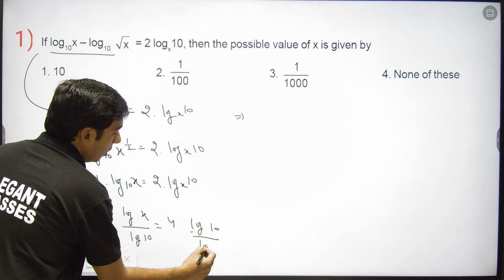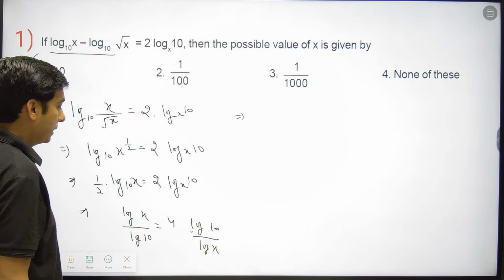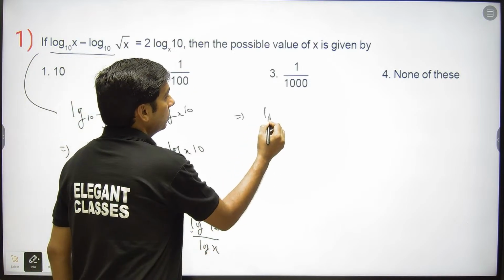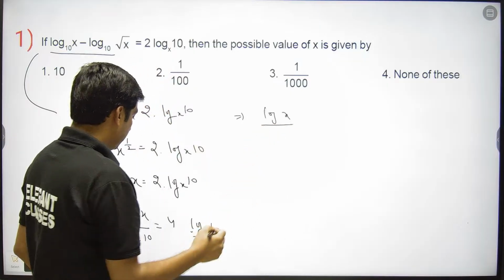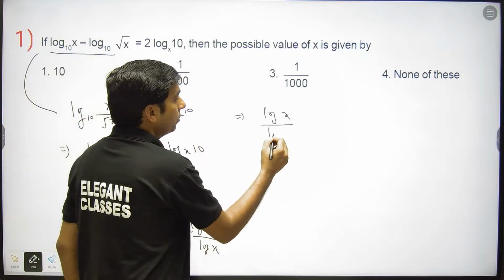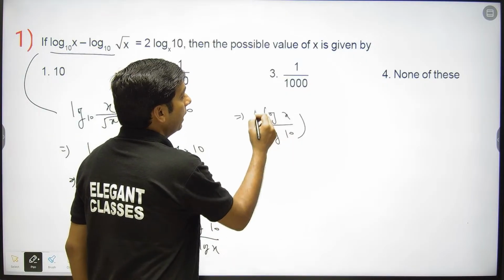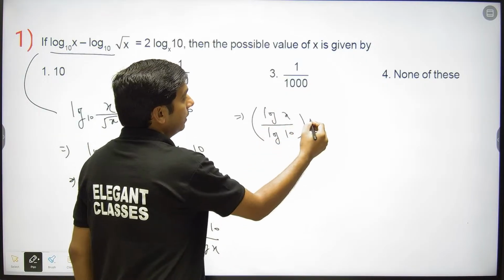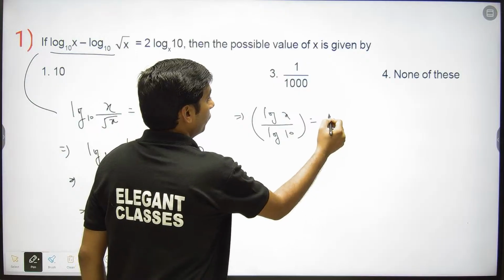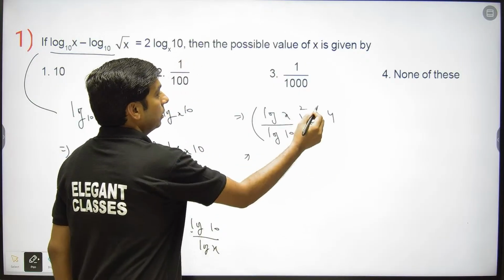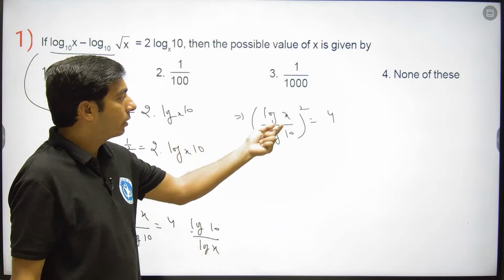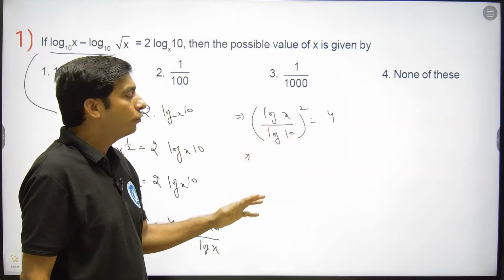So it will become log x divided by log 10, to any common base, is equal to 4, and it is squared. Log x upon log 10 whole square is equal to 4.